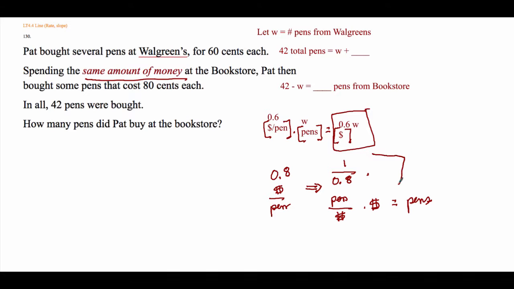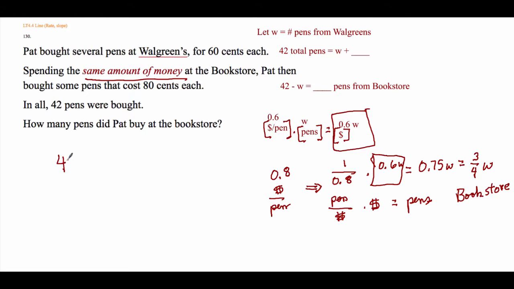For my dollars, I'm going to use the expression I came up with earlier, 0.6 W. And I get 0.75 W as the number of pens bought at the bookstore. It's the same as 3 over 4 W.